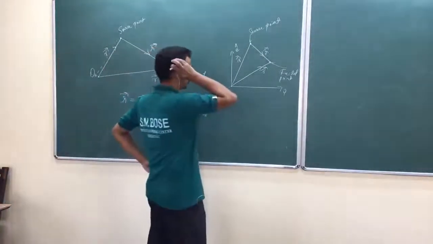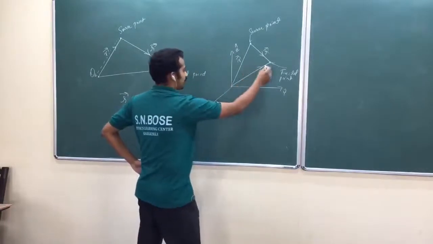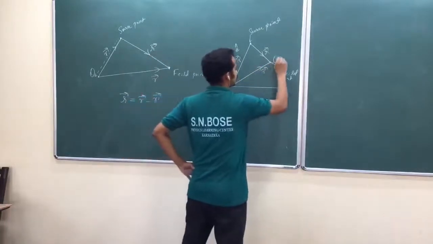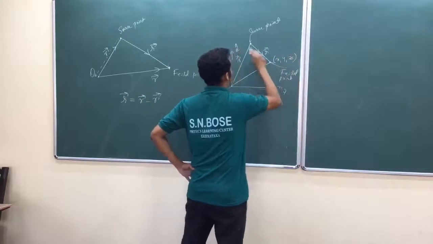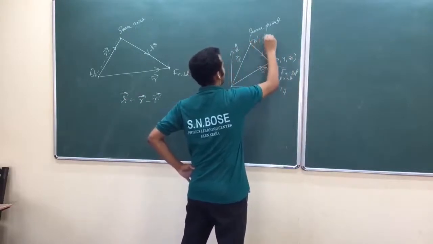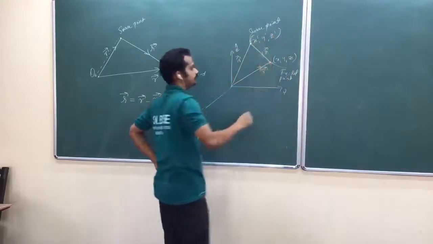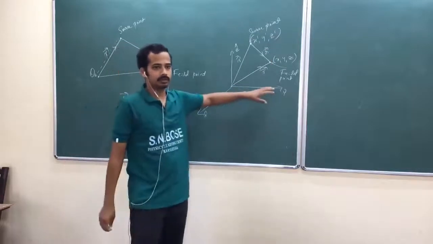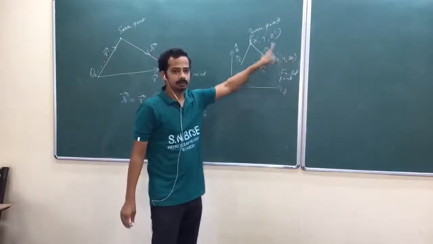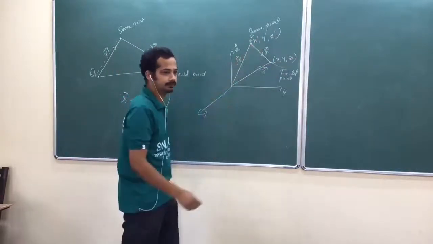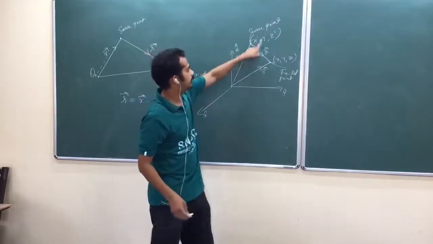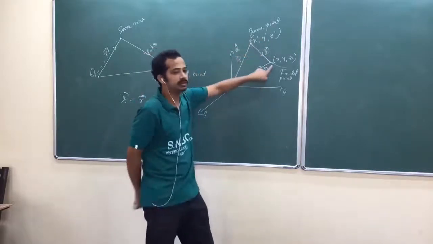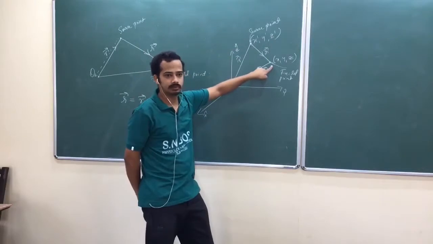Now I can write the position vector r as x, y, z for the field point, and x prime, y prime, z prime for the source point. Let me call this one unprimed and this one primed. Sometimes you integrate with respect to one, sometimes with respect to the other.